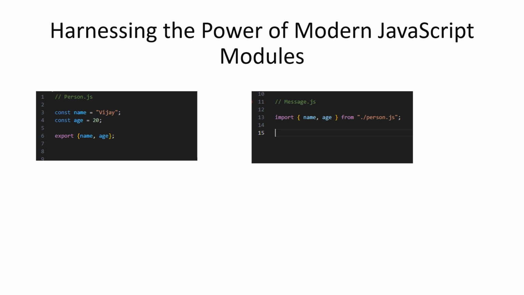Before ES6, it was very difficult to provide scope of variables across multiple files, and if you imported a JavaScript file into another one, it would share the same scope. But with ES6 modules, we can isolate scope across different files.